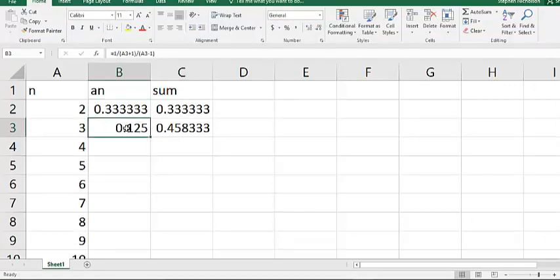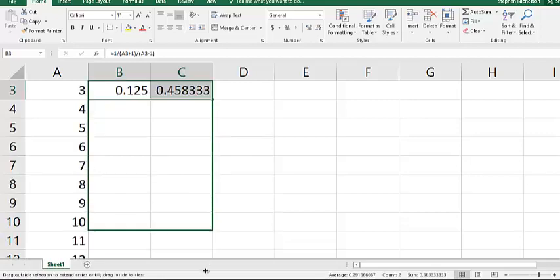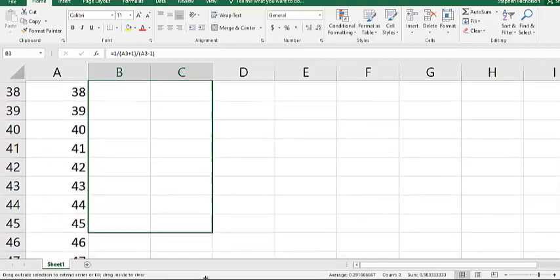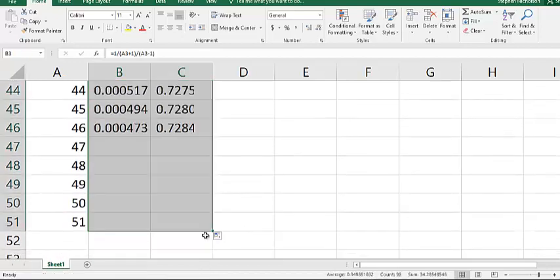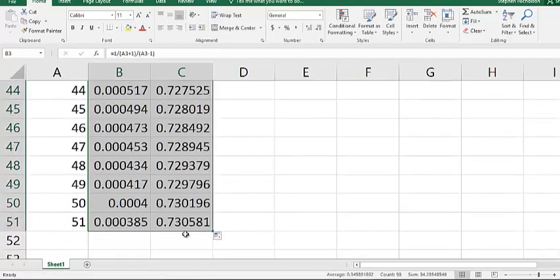And now that I have an equation for this cell and I have an equation for this cell, which depend upon values that I've already put in, I can just copy these equations down, and you can see that each term gets smaller. So it's satisfying the requirement that the nth term is going to go to 0.